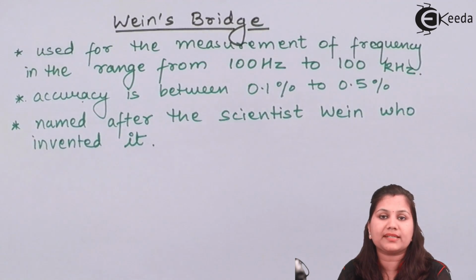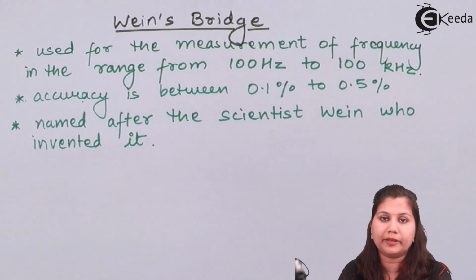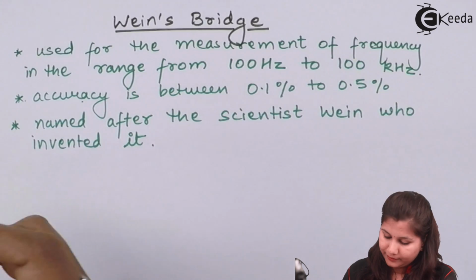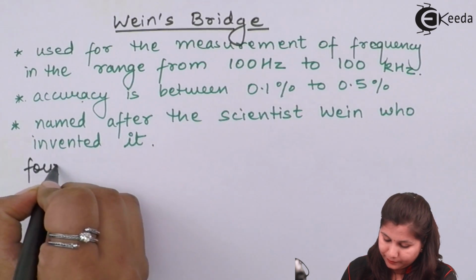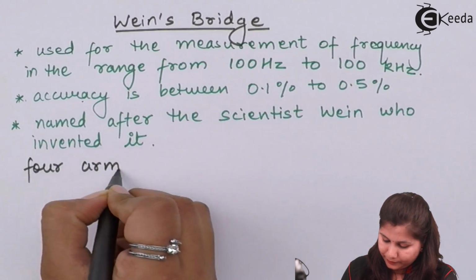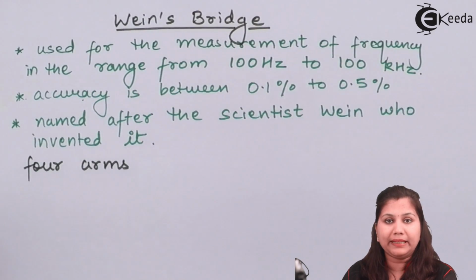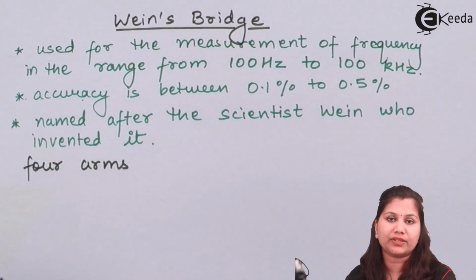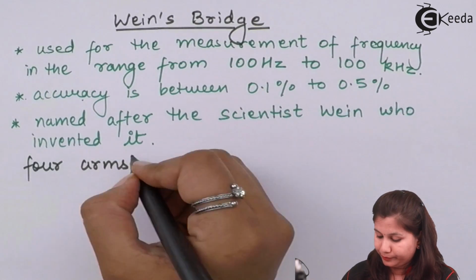Now, Weins Bridge is a type of alternating current bridge. It consists of 4 arms having 4 impedances in it, and these impedances can be a capacitor, resistor or an inductor.